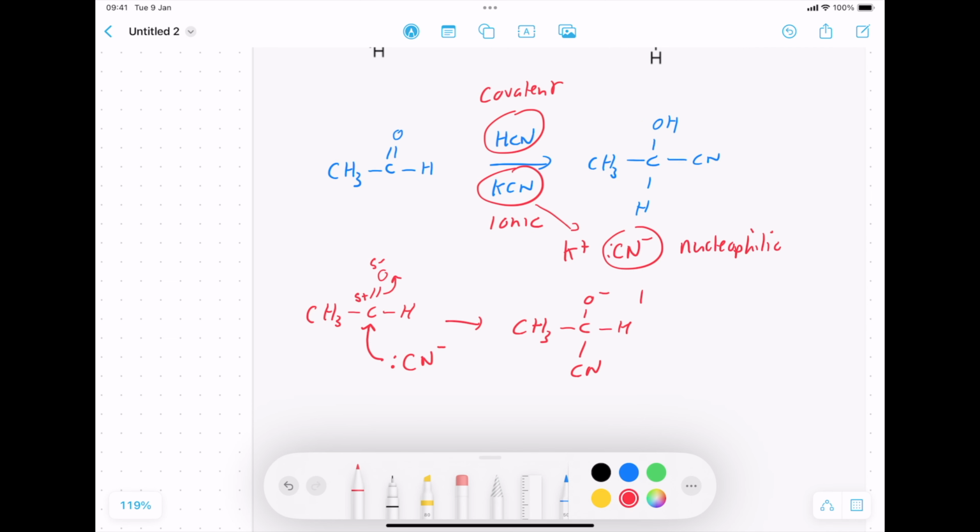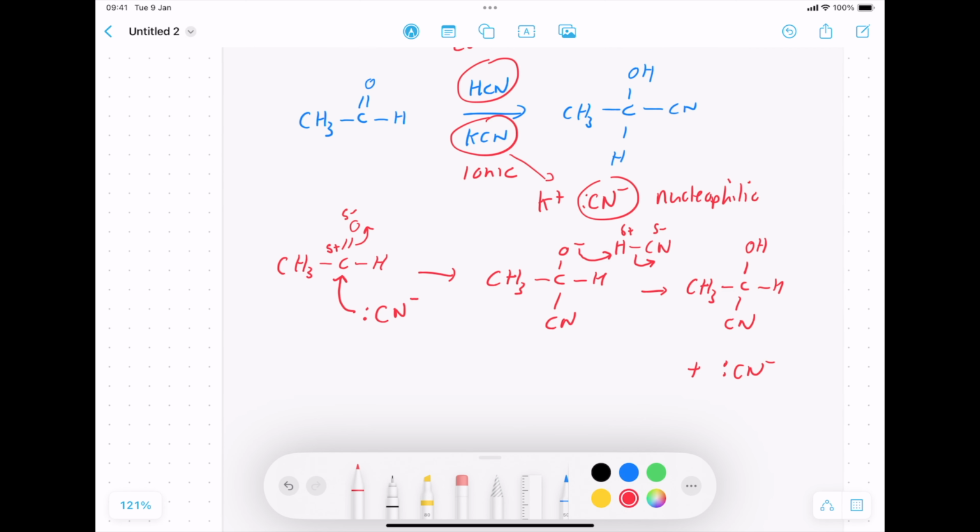Then the lone pair in the oxygen takes that hydrogen, that bond breaks, and then we finish with the product, the hydroxynitrile, which is OH, CN, H, plus the CN nucleophile is actually regenerated. So you can think of this as actually being a catalyst. So we've remade the cyanide. So that's one version of this mechanism you will see.